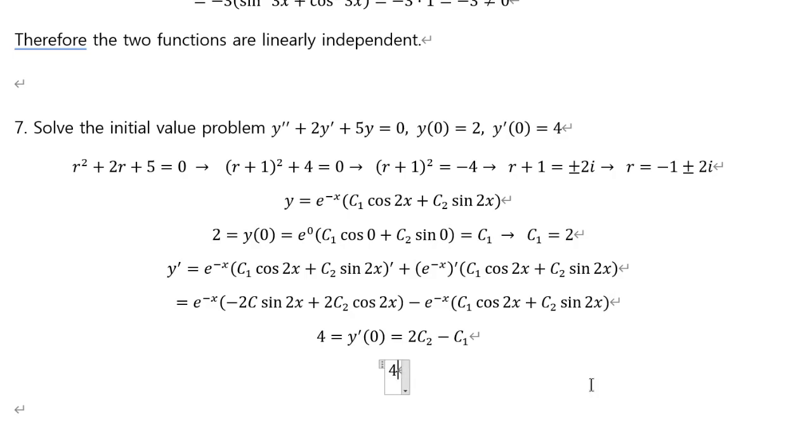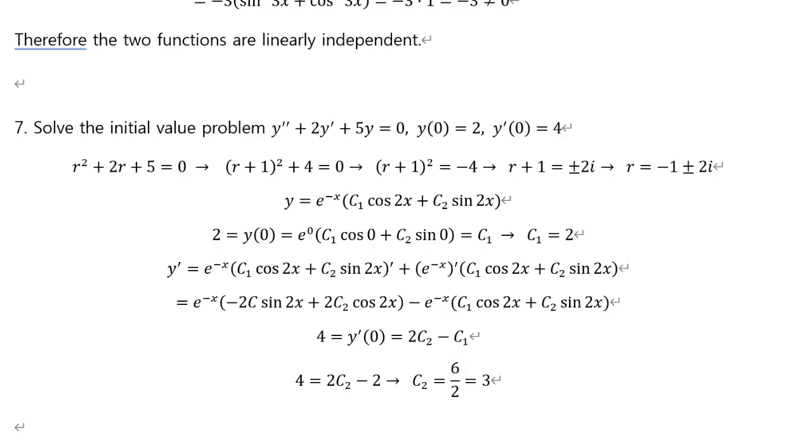So let's see, 4 equals 2c2 minus 2, and that gives you c2 equals, if you add 2 to both sides you get 6, but then you have to divide by 2, so you're going to get 3.